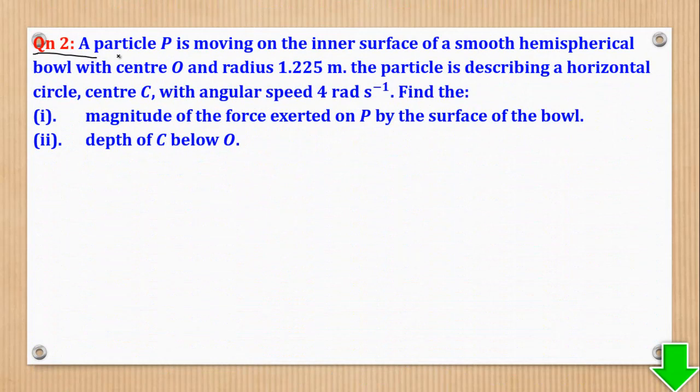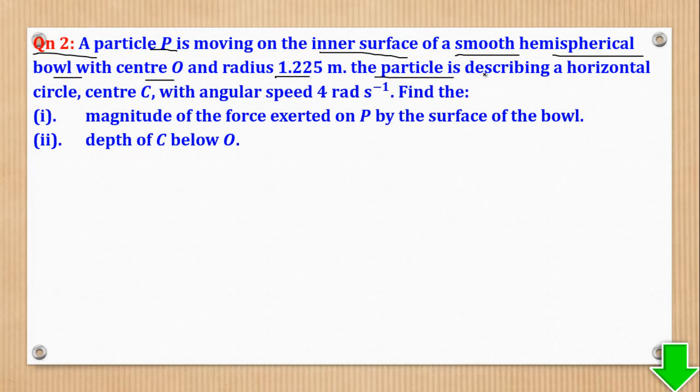So now we shall go to question 2. Question 2 says, a particle P is moving on the inner surface of a smooth hemispherical bowl with center O and radius 1.225 meters.